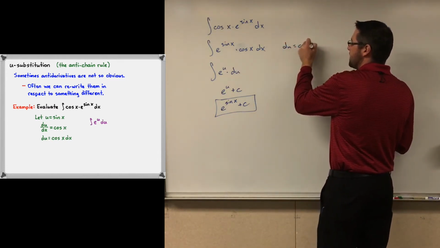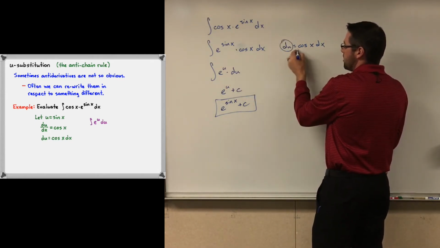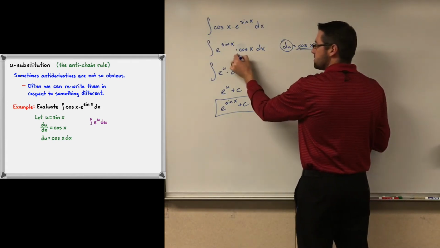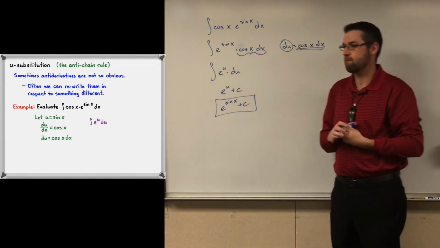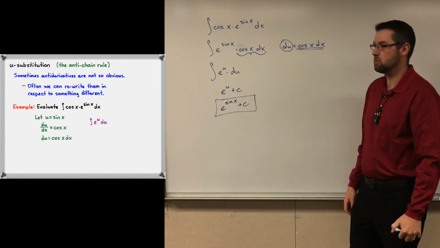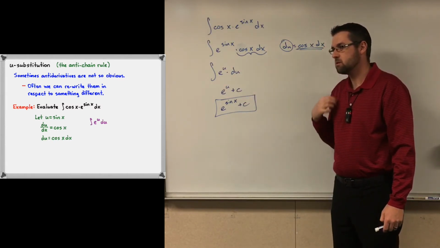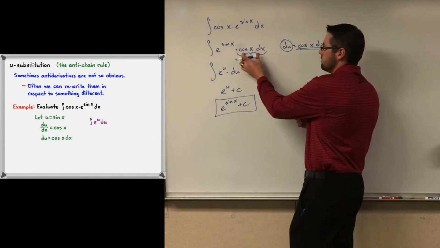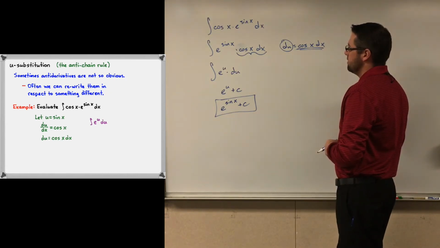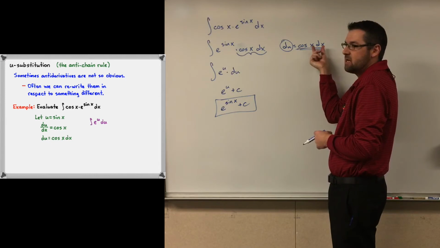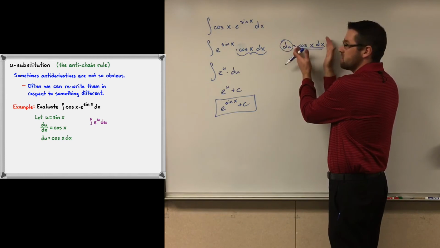Du equals cosine of x dx, according to that, right? So I took this value and I plugged it in for this. So this all gets replaced with du. There's no dx left. The dx is replaced because du is equal to this whole thing.